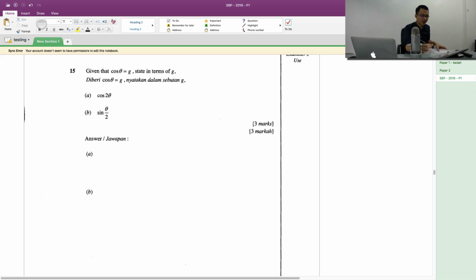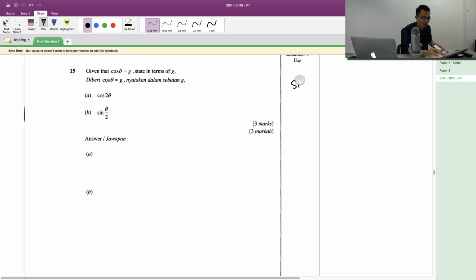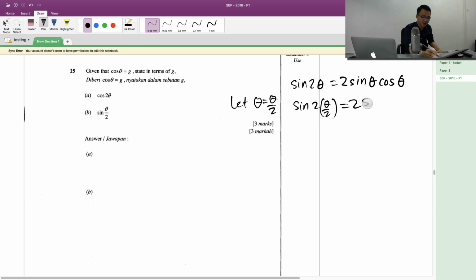Okay, how does half theta come from? It comes from sine 2 theta. If sine 2 theta equals 2 sine theta cos theta, then what happens is if I change theta into theta over 2, I have sine 2 theta over 2 equals 2 sine theta over 2 cos theta over 2.